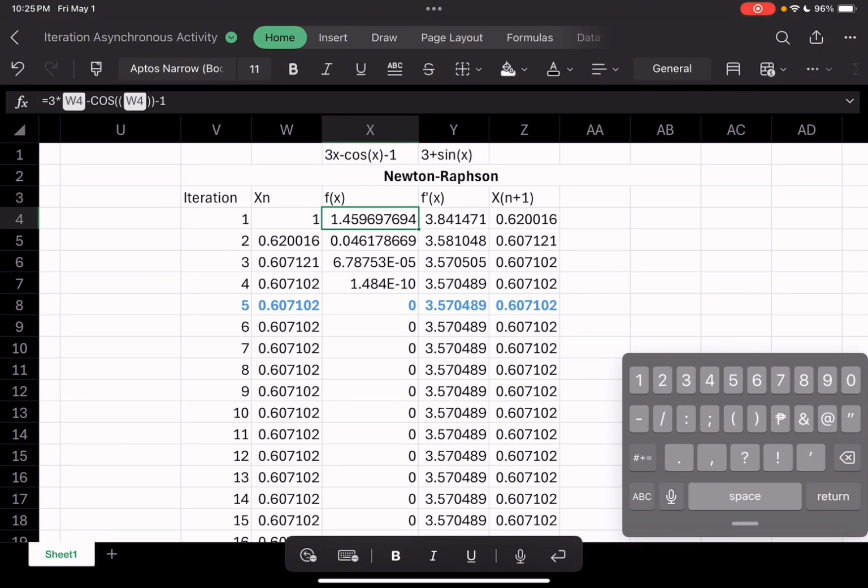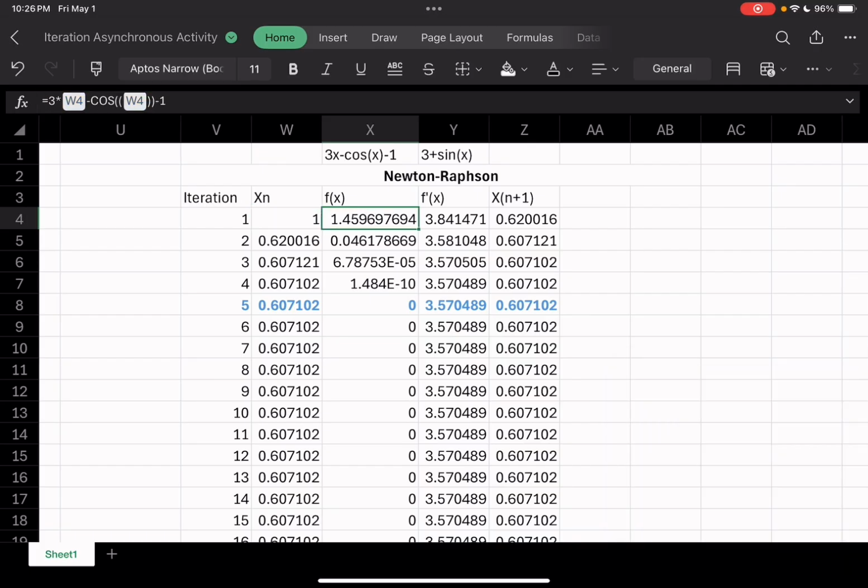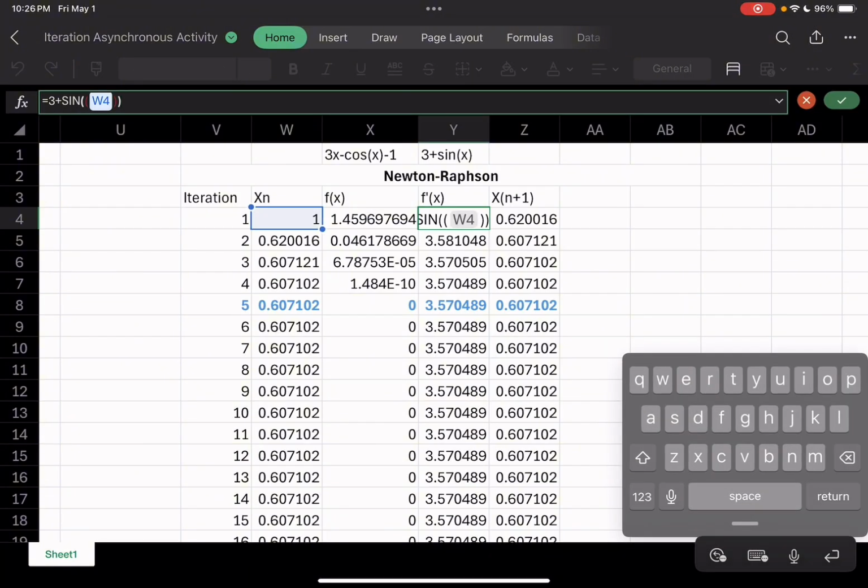For this part, we just simply put the equation 3 times our x, that would be our value right here, and subtract it with cosine of x, the value right here, and subtract it with 1. For the equation right here, that would be equals 3 plus sine of w4, which is our x.